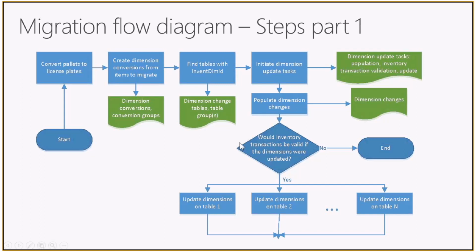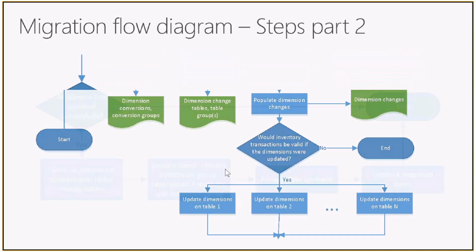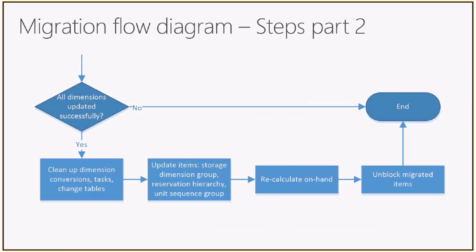And we'll obviously run validation during this process. And when everything is completed for the upgrade, we'll clean up and, after that, change the storage dimension group for the item. We'll associate the reservation hierarchy and the unit sequence group for that item number.